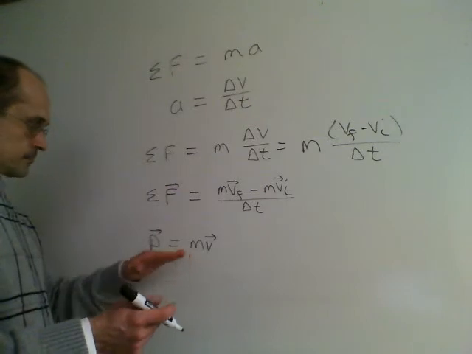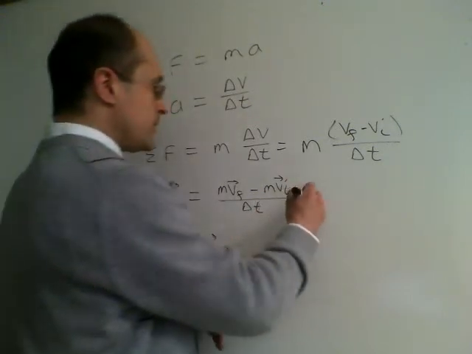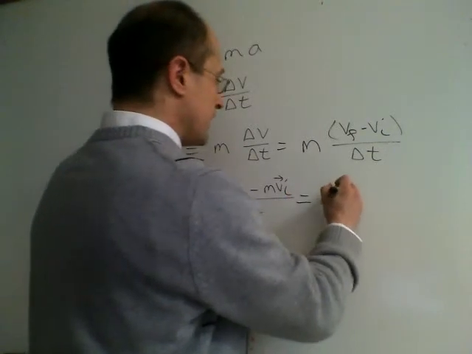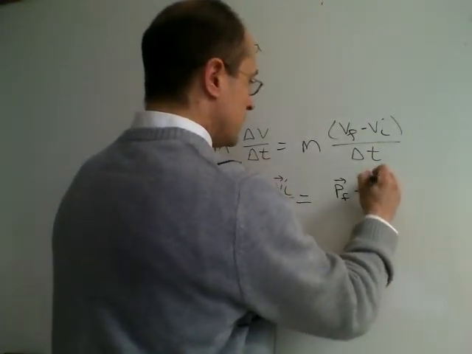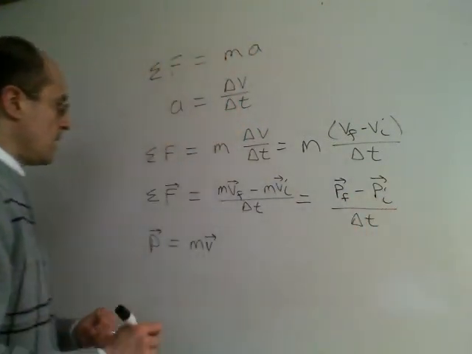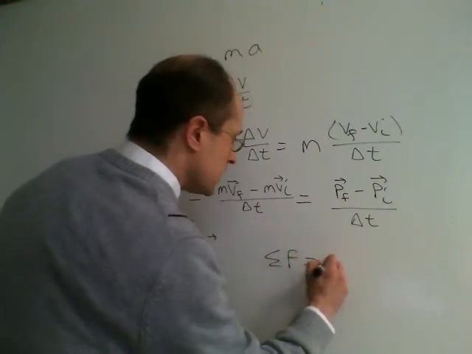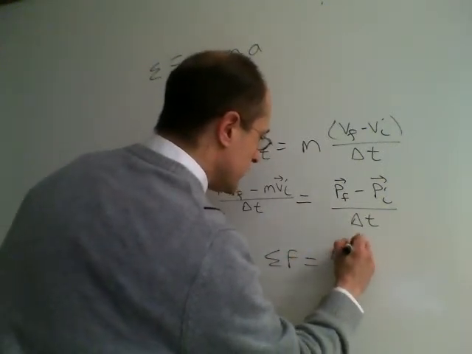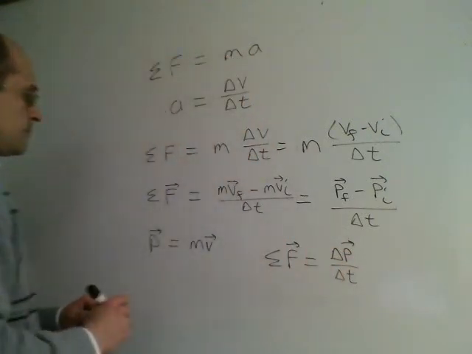So if we put this new quantity, momentum, in here, we get p final minus p initial over delta t. And then we realize that the sum of our forces is equal to the change in momentum over the change in time.